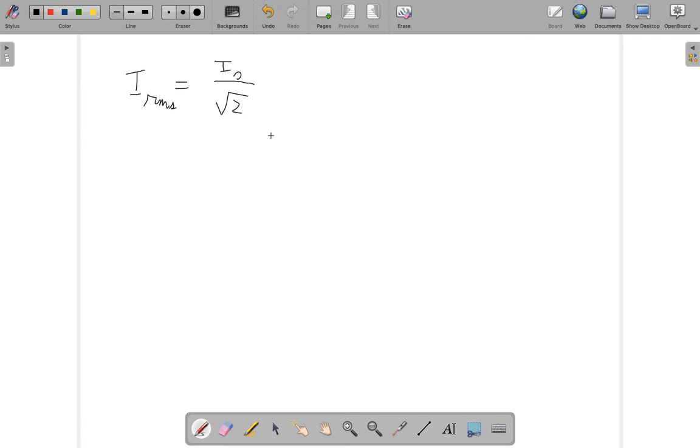Actually, let me show you why you have to make use of root mean square. I think that would be better. So let's see, referring to current for now. Using what we had earlier, we can also write I squared equals max current squared times sine squared of angular frequency times time.